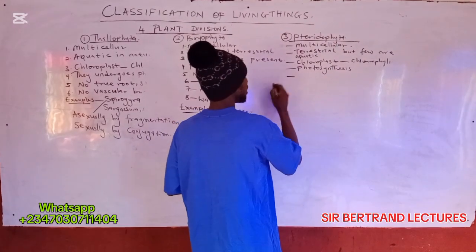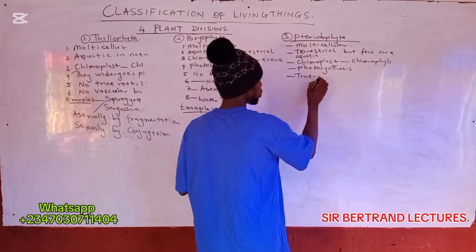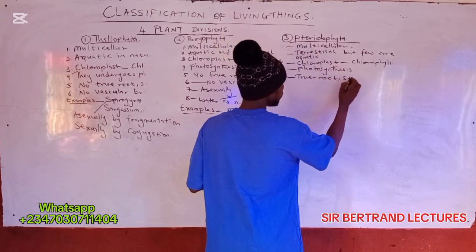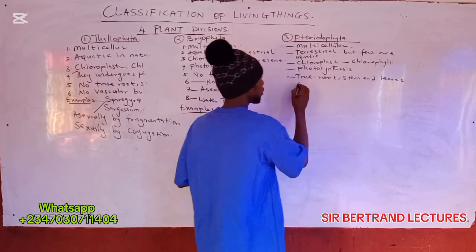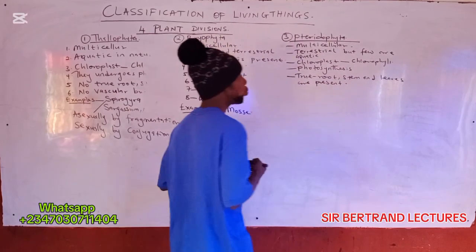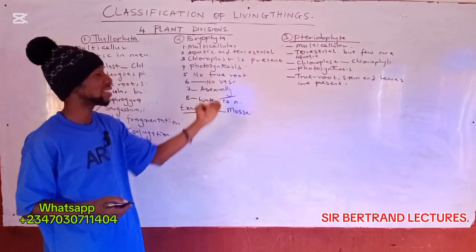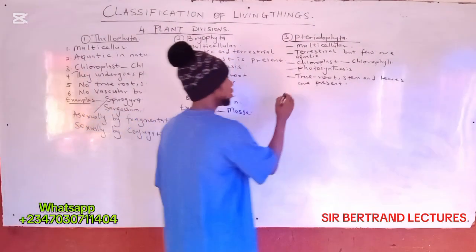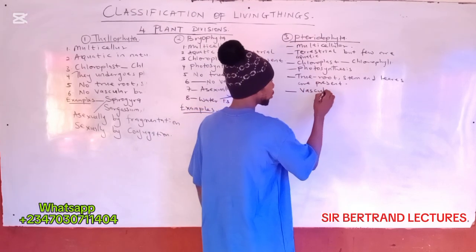Now, the next is that pteridophytes possess true roots, stem, and leaves, which was absent here in Bryophyta. Then here, they possess vascular bundles.